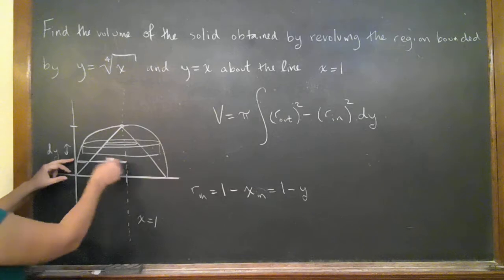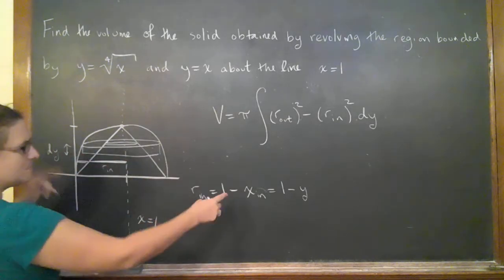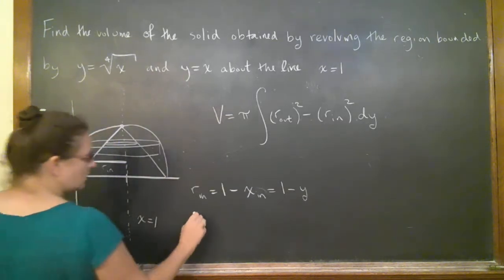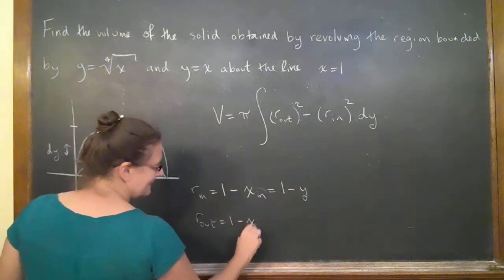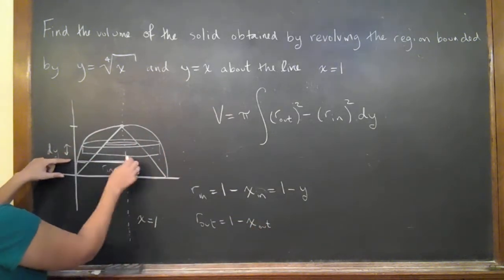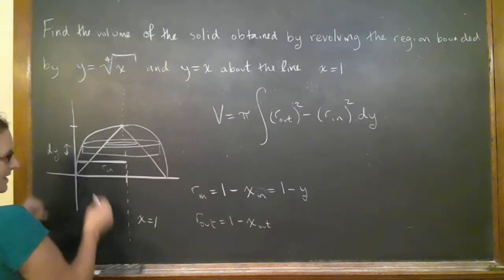If I'm going to the outer radius, it's still going to be 1 minus x. It's just a different x because it's a different formula. So I can write that 1 minus x outer. So I'm going all the way to this curve. This is still the x for that curve.